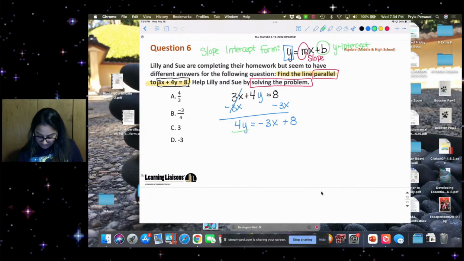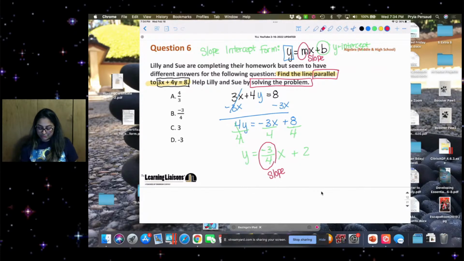Now I'm going to divide both sides by 4, but remember, it's everything getting divided by 4. Y is going to equal negative 3 over 4x plus 2. Okay, well, the number next to the x is my slope. So my slope right now that I have is negative 3 over 4.